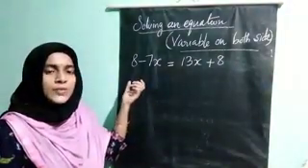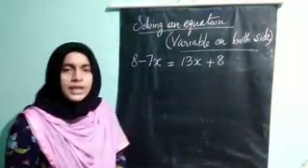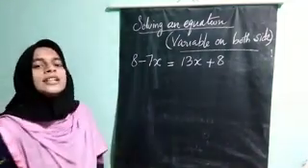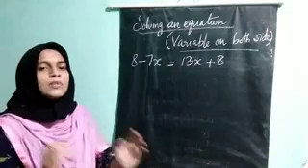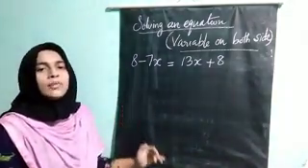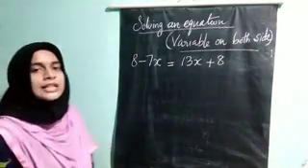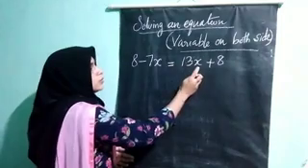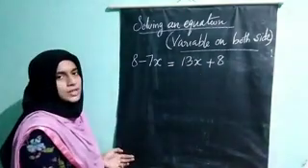If there is variable on both sides of the equation, take all the variables on one side of the equation, whether it will be left side or right side. Then normal solving. That is the only difference when you get variables on both sides.